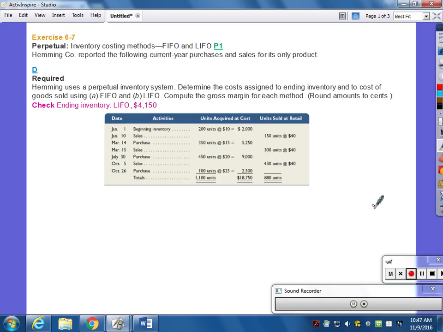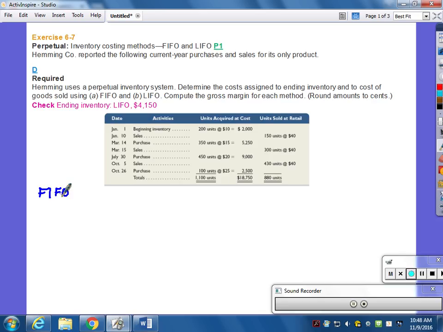So they gave you the chart here, right? Showing you what they started with, what they've sold, and what they purchased over the period. And we're going to start with FIFO, right? So January 1st, they had beginning inventory of 200 units at $10, which equals 2,000.